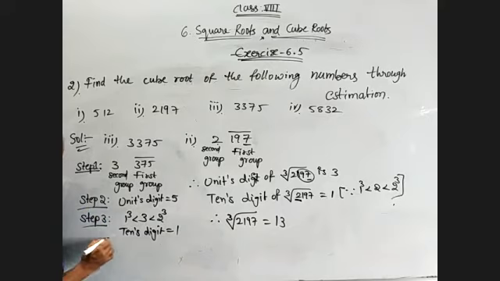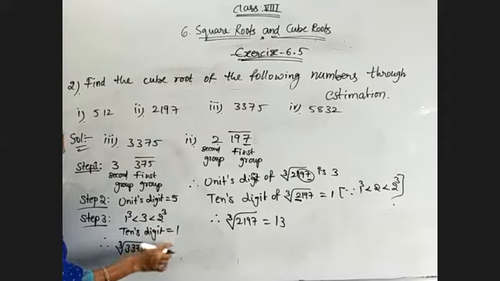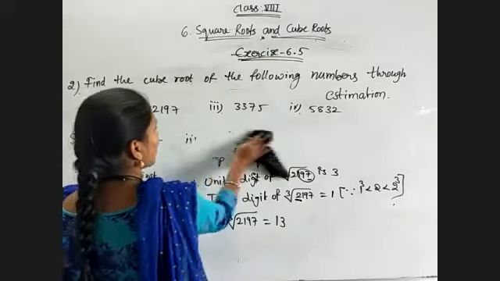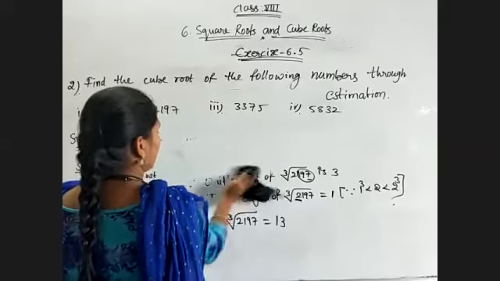Therefore, the cube root of 3,375 is equal to tens digit 1 and unit digit 5, that is 15. Okay. Now coming to the next number, here also we have only 4 digits.